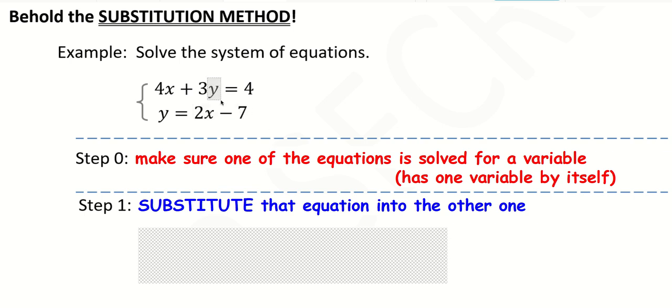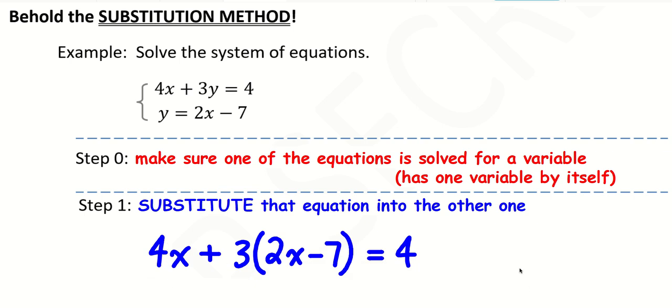So this y up here in the other equation is replaceable with that entire 2x minus 7. So we're going to substitute this into the y in the other equation because it's an even trade. This equation is telling me that they are the same, and I can replace y up here with 2x minus 7. So that is, I guess, technically my first written step of work.